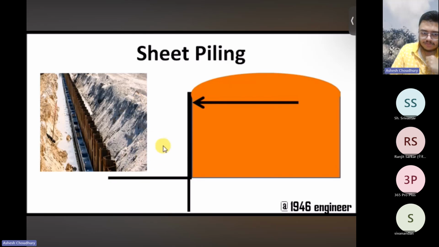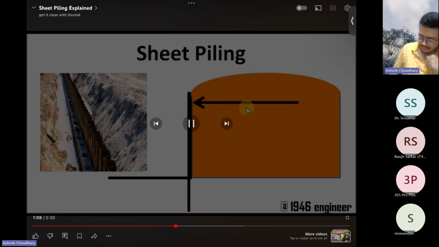So we excavated this place and filled it here. This is the backfill, and we don't want it to come into this place. So we build a retaining wall like structure: we do sheet piling. This kind of interlocked steel sheet mechanism is driven into the ground, so this will prevent the backfill.